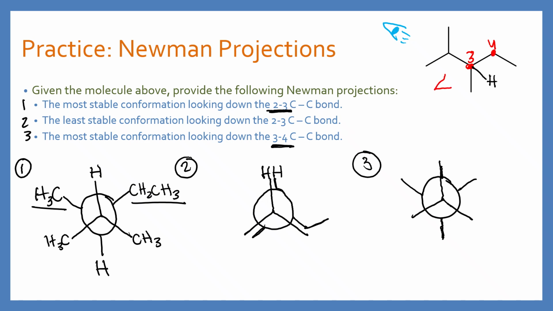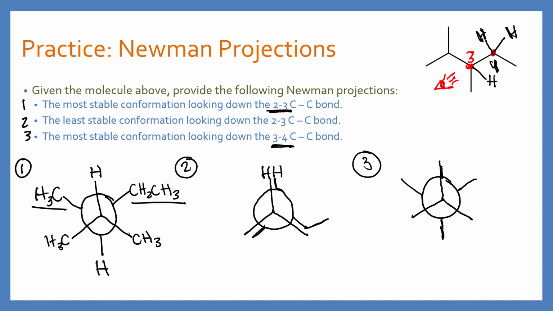So my eyeball is now coming from here. And I need to plug in all the missing things from carbon number 4. So carbon number 4 actually should have 2 hydrogens as well. So let's go ahead and give those to carbon number 4.